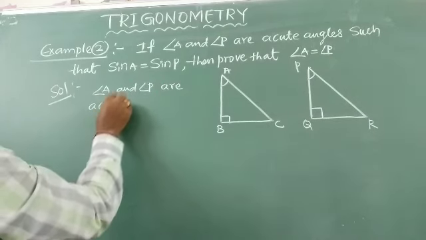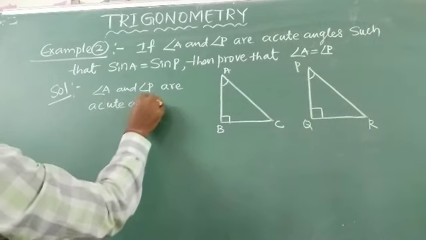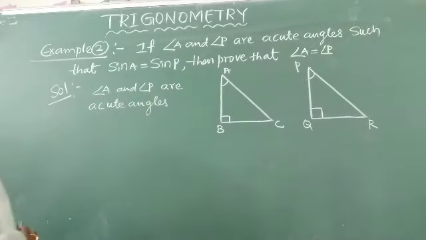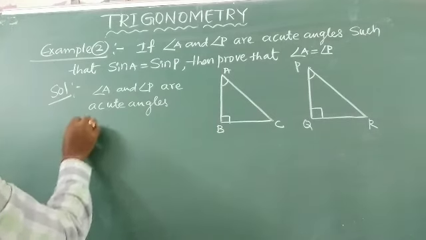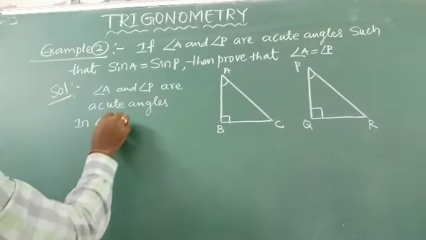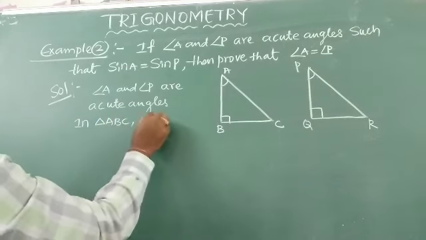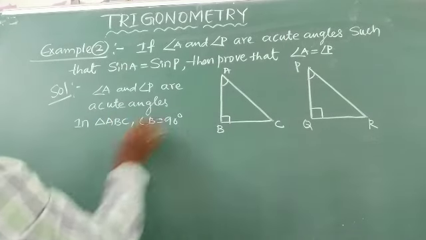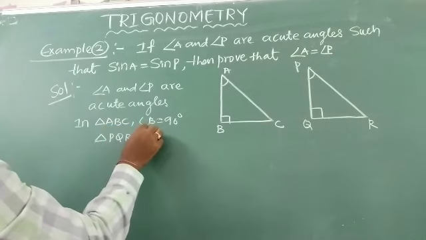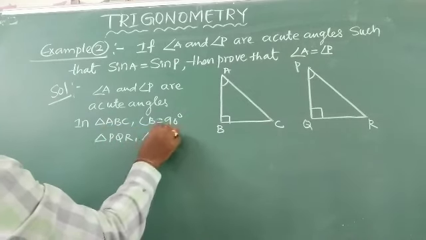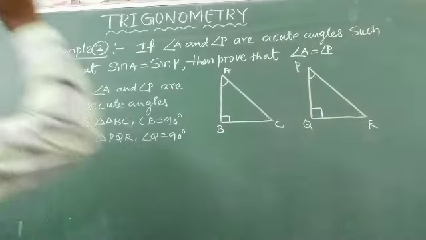Next, in triangle ABC, angle B equals 90 degrees, and in triangle PQR, angle Q equals 90 degrees.